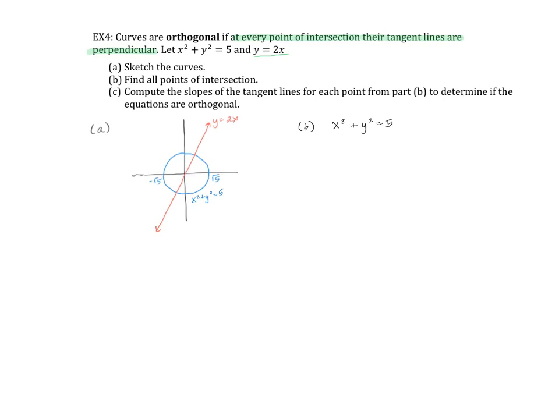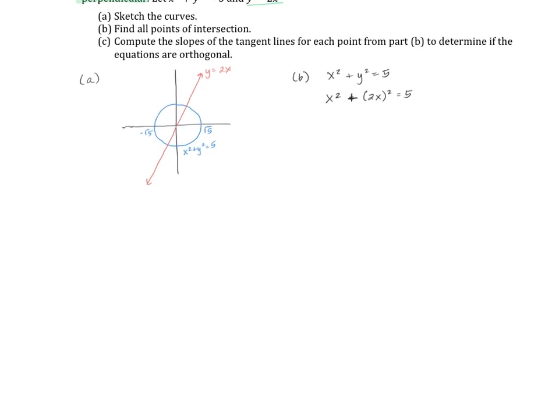So if these intersect, what I can do is replace the y, sorry, this is supposed to be a plus, replace the y with 2x and square that. We get x squared plus 4x squared is equal to 5. 5x squared is equal to 5. So x squared is equal to 1. And then we have x is equal to plus or minus 1.